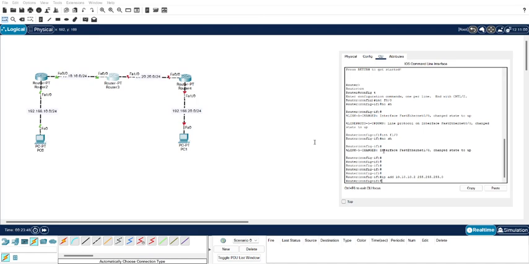Because of that, it is going to have two gateways: the first for the gateway on the right, and the second for the gateway on the left. The right is going to be 20.20.20 and the left is going to be 10.10.10. It's quite easy.